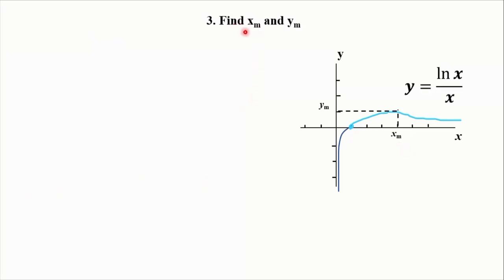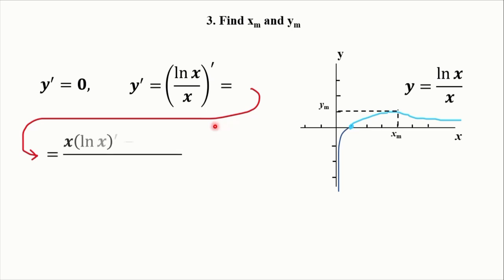To find the coordinate of the maximum, we take into account that the derivative of our function at this point is equal to 0. So we find this derivative using standard equations of calculus. The derivative of ln x is 1 over x. Multiplying with x, we have 1. The derivative of x is 1, so we have this answer for the derivative.